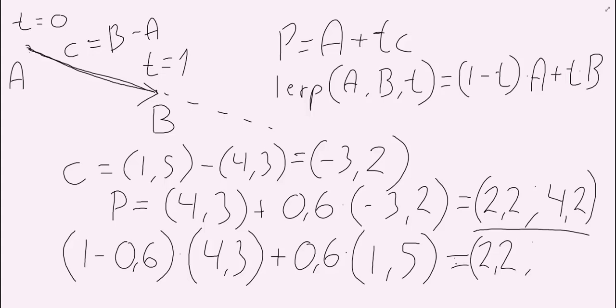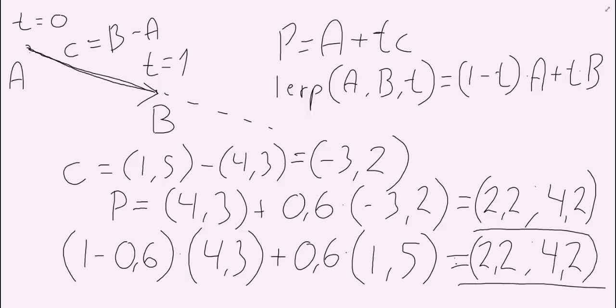And the second one, 0.4 times 3 will give us 1.2, plus 0.6 times 5 will give us 3, so that's 3 plus 1.2, which is 4.2.